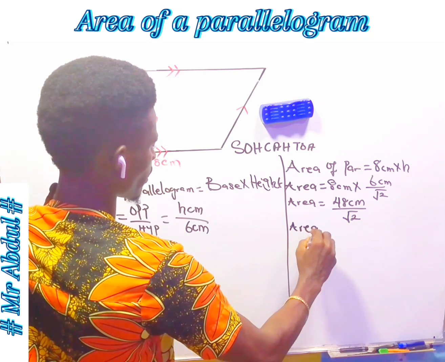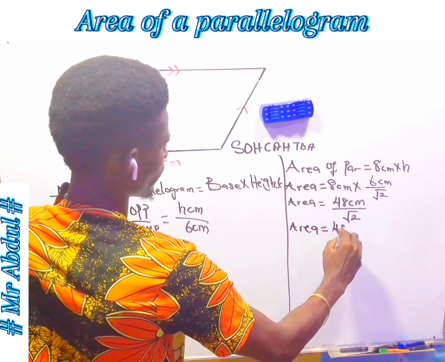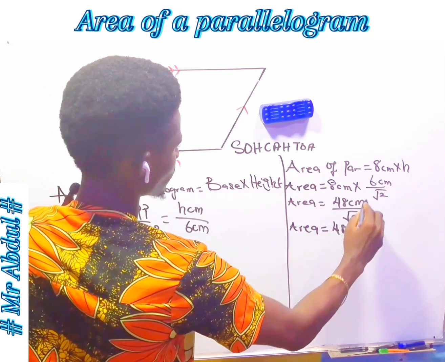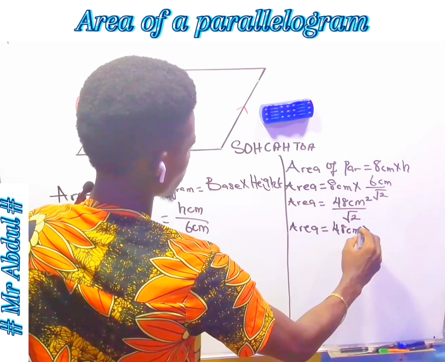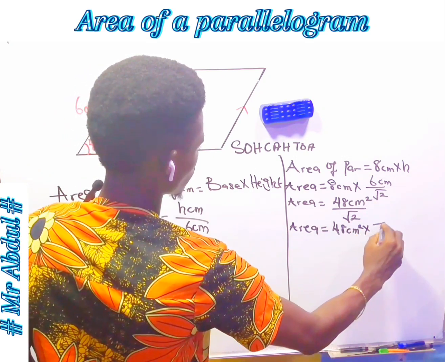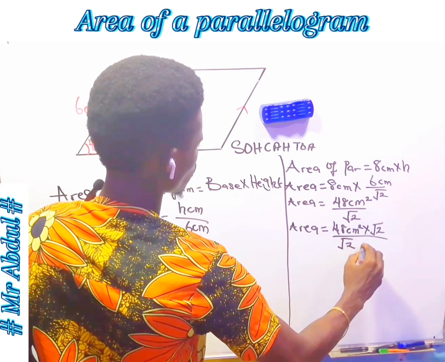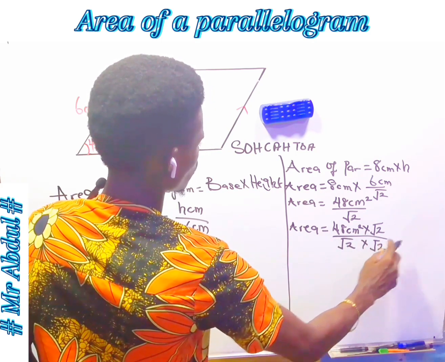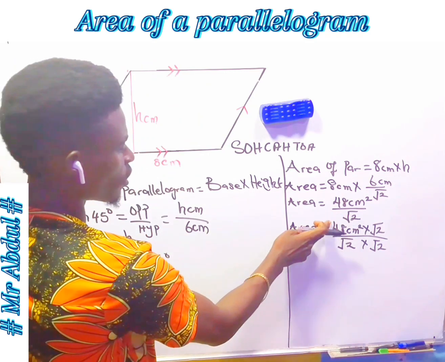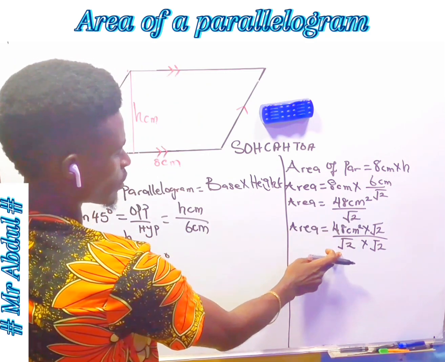Therefore, the area will now be 48 cm squared, don't forget, times root 2 over root 2 times root 2. We multiply the numerator by root 2, we multiply the denominator by root 2.